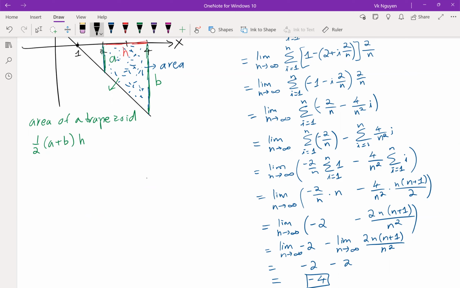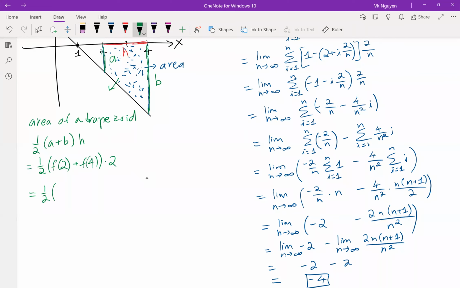a and b, they are the parallel sides. 1 over 2. a is exactly f of 2. b is f of 4. h is just 2 here. 1 over 2.